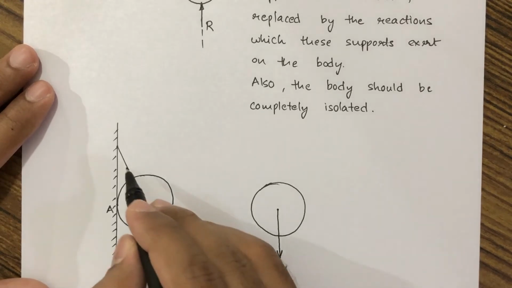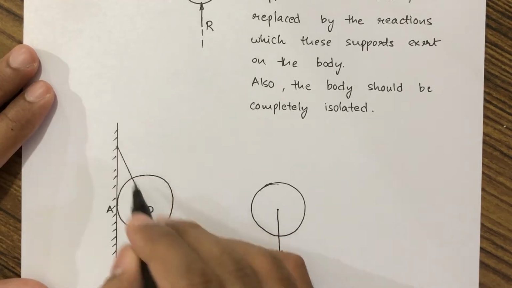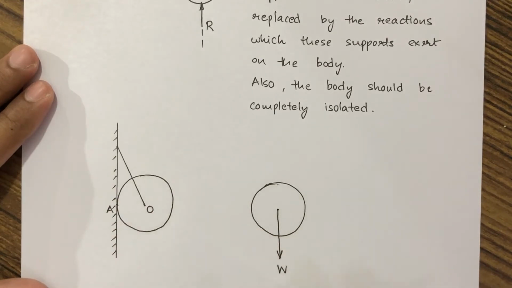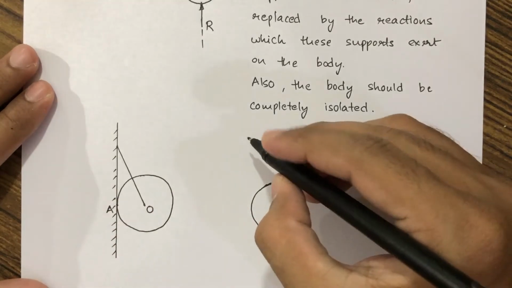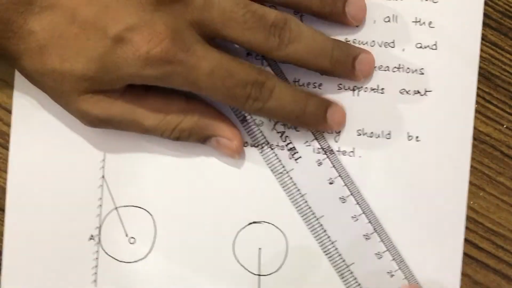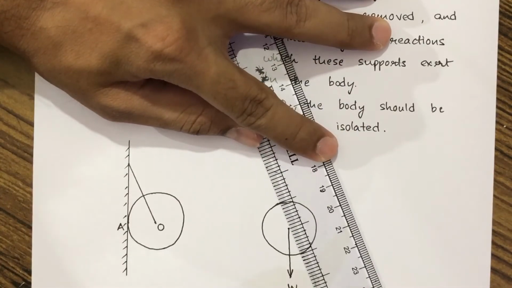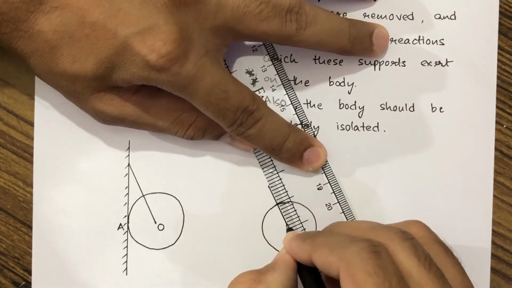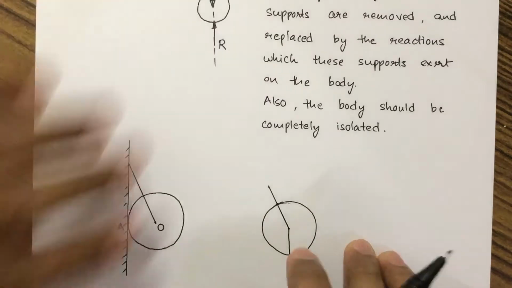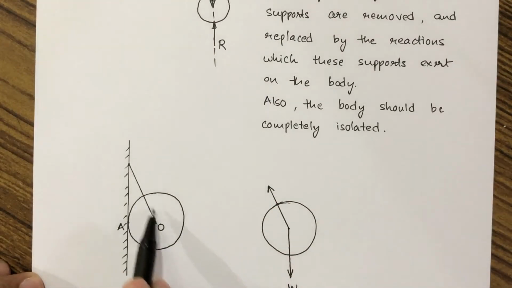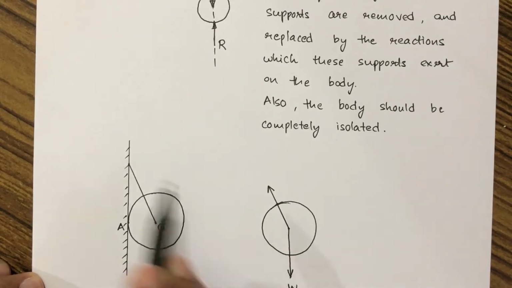The second reaction will be the reaction of this string. Now we know that in a string there will be tension, and tension will always move outwards. So suppose this is the tension force, that too should also pass through the center of the ball, as the string is attached at its center. This O is the center of the ball.